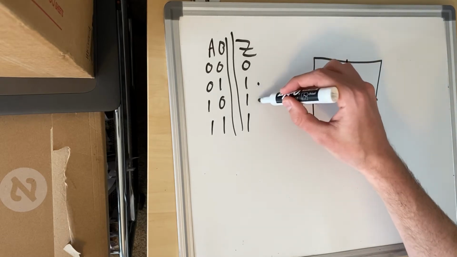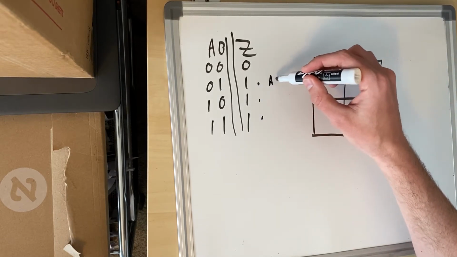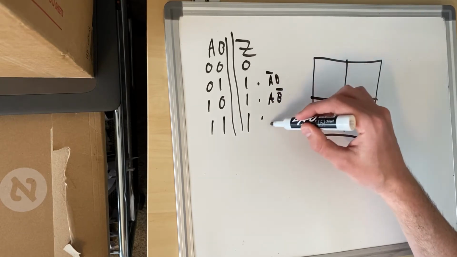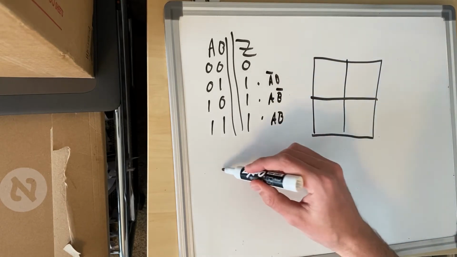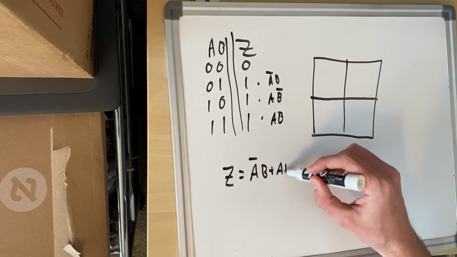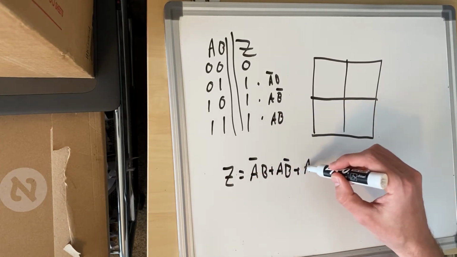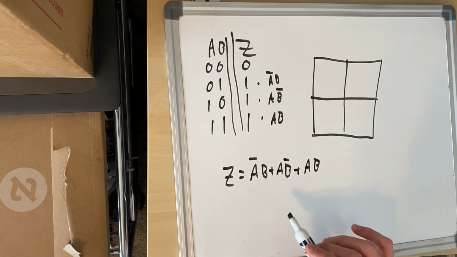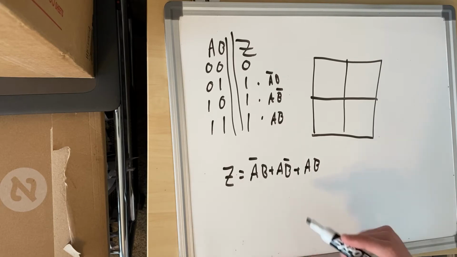Previously, we would have pulled out not A B, A not B, A B, and written Z equals not A B or A not B or A B, and then done simplification.